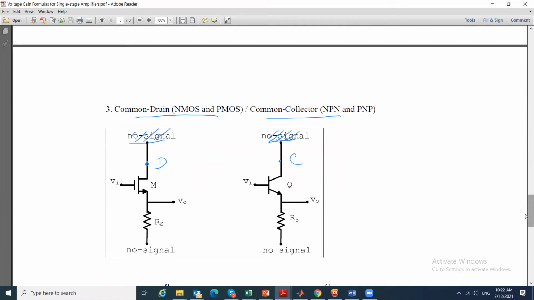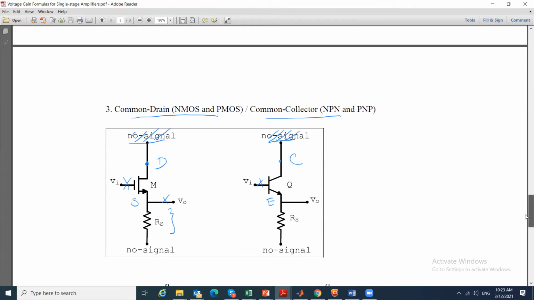There is no resistance for the circuit, and since the drain is common, the input is from the gate or the base, and the output is at the source node and effectively the emitter node. And there is some resistance, of course, loading the output, effectively RS. So if there is a load and a self-resistance, I will put them all in parallel.